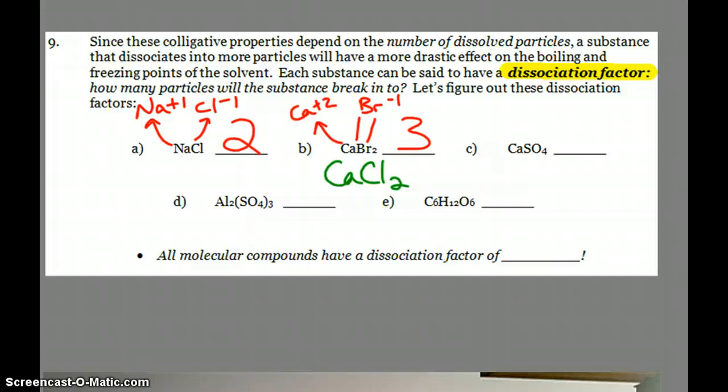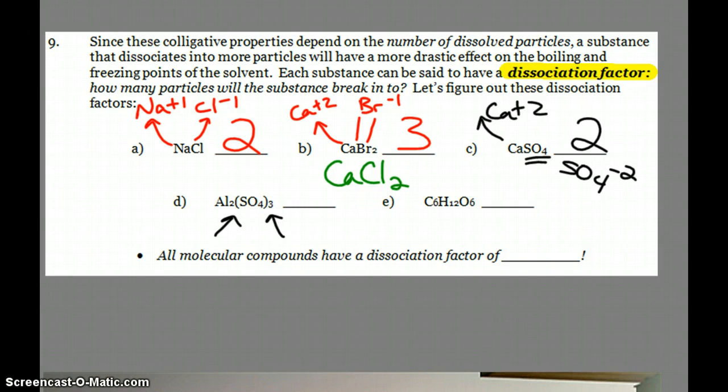Calcium sulfate has a dissociation factor of 2: calcium plus 2, and our good buddy sulfate stays together as a polyatomic ion. Same thing here with aluminum sulfate: 2 aluminums and 3 sulfates. So this has a dissociation factor of 5.